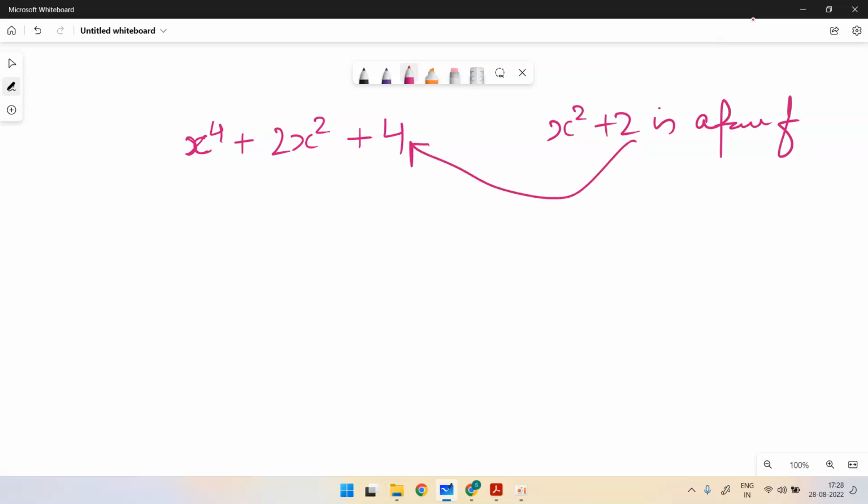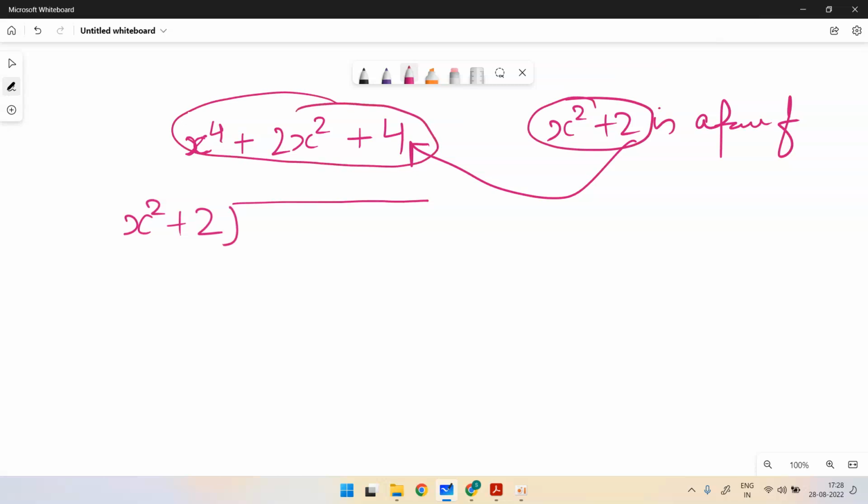So if this is a factor of this, then this should completely divide this. You can even check that if a question says, is this a factor of this. Here the question is asking that if x square plus 2 is a factor of this polynomial, or you can say, is p1x a factor of p2x. You can check. Okay, I will check. x power 4 plus 2x square plus 4.